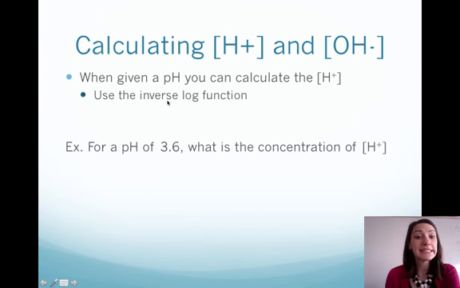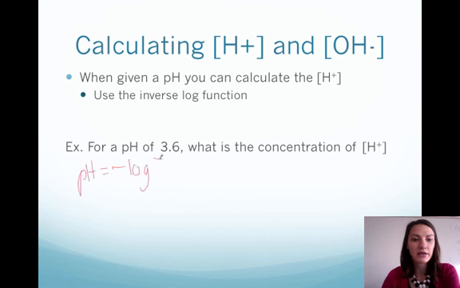Just like multiplication and division are inverses, log and 10 to the x are inverses. All right, so let's calculate the concentration of H plus when we're given the pH. So for this one, we have a pH of 3.6. What is the concentration of H plus? Okay, so I know that pH equals negative log of the H plus, and so I'm going to do 3.6 equals negative log of my H plus.